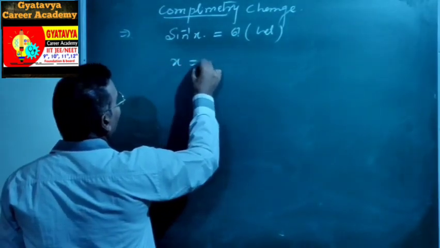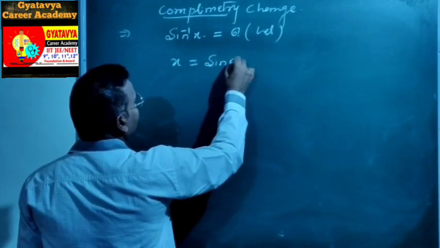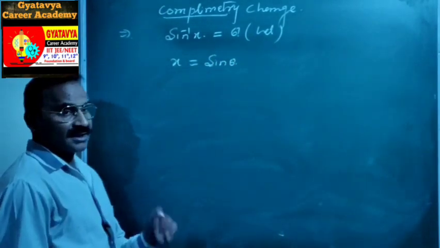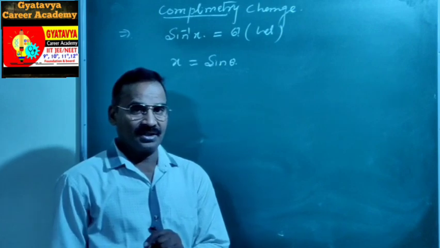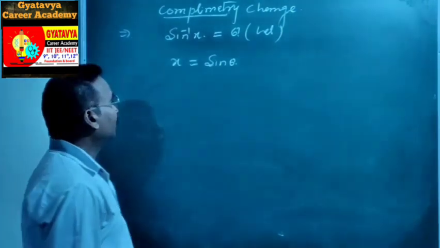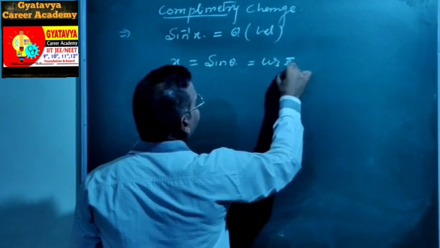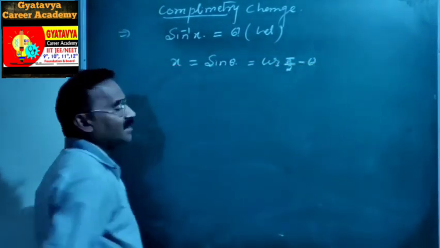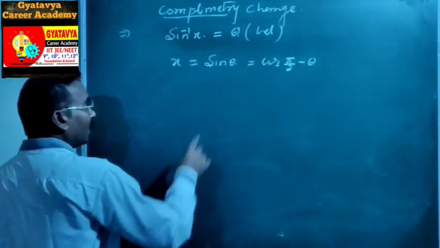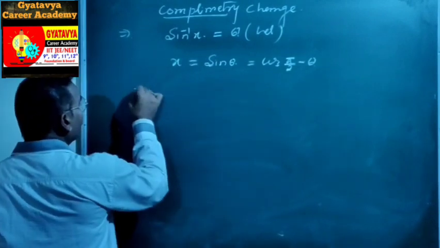So x is equal to sine theta. We have to convert sine theta into cos theta. How can we convert it? Okay, so we can write cos of 90 minus theta. Cos of 90 minus theta. Again, now convert into inverse trigonometric function.